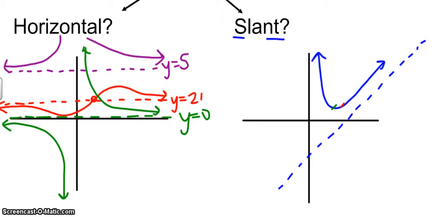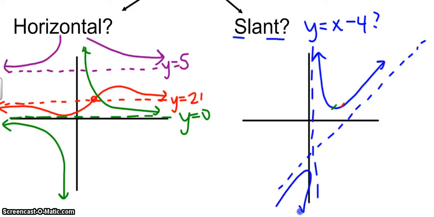In which case we would write this as a slant asymptote of y equals, this is maybe the line x minus 4. So it's running to infinity in the same way that this function is. And then maybe the other part of this graph looks like this. And so in this direction, it's following that slant asymptote backwards towards negative infinity.